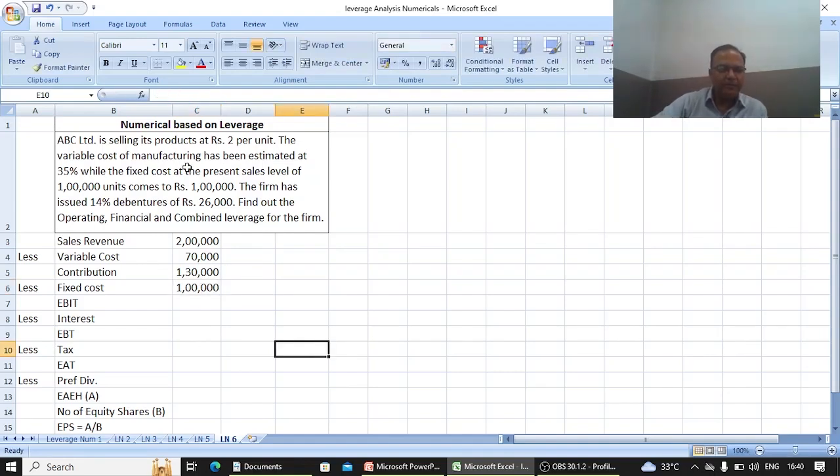Now EBIT will be 30,000. Interest: the firm has issued 14% debenture of rupees 26,000. It means 14% of 26,000, it will be 3,640.